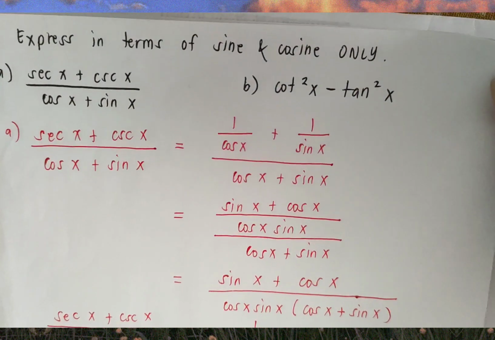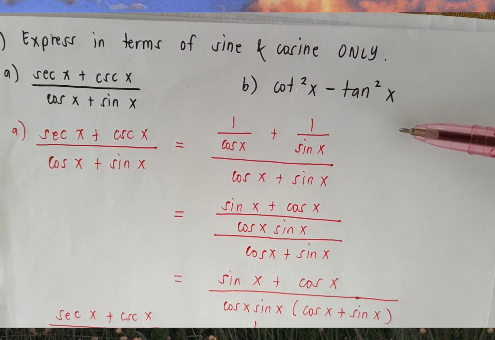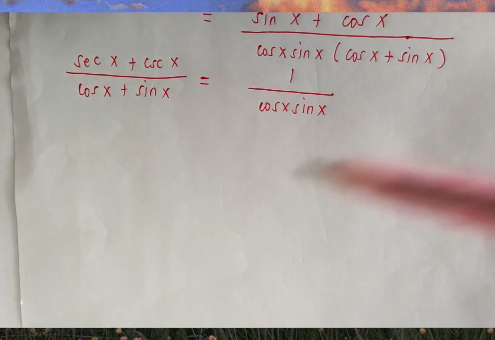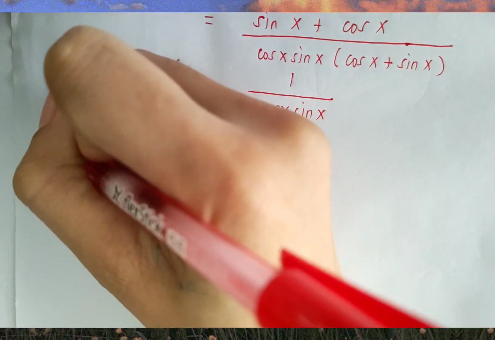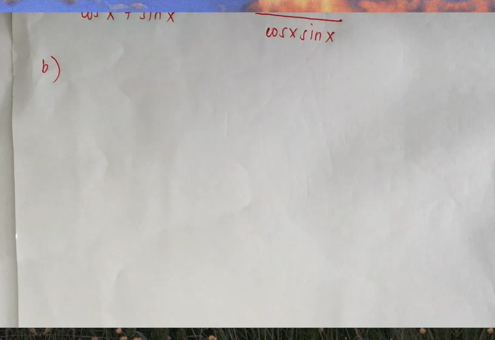Okay, next, letter B. Cotangent squared x minus tangent squared x. In letter B, we need to use the fundamental identities and simplify.